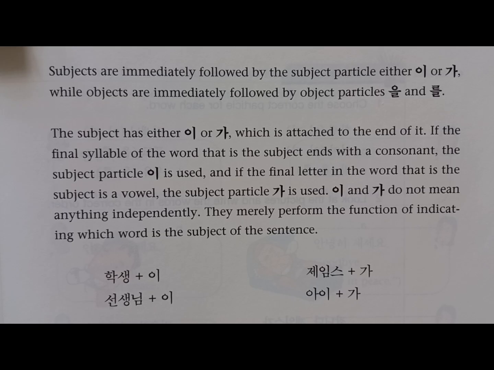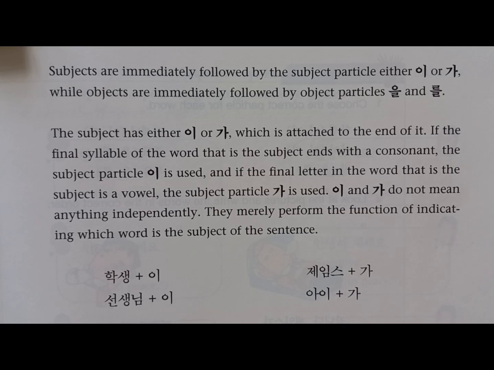Examples: 학생, ㅇ is a consonant, so we add 이, 학생이. Or 선생님, ㅁ is a consonant, so we add 이, 선생님이. But if the subject ends in a vowel, then we add 가. Let's see. James, James가, 아이가.